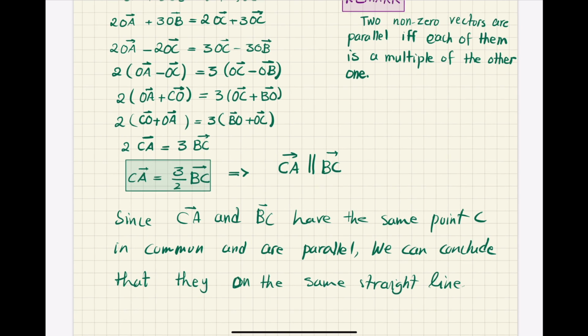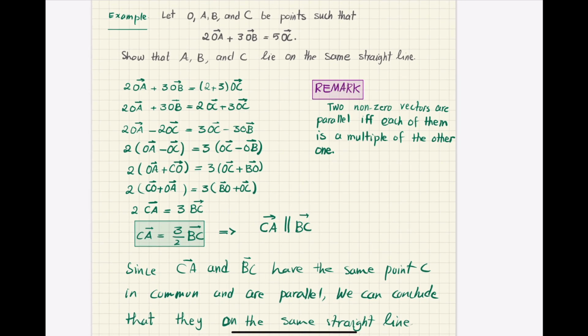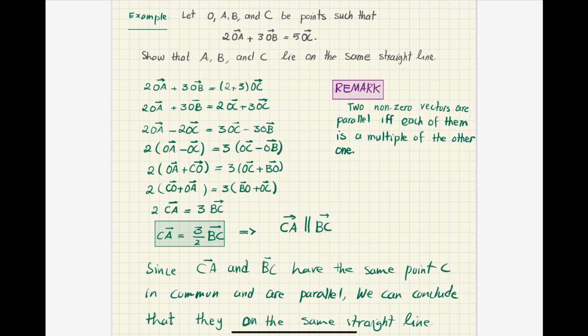Okay, any questions? Yes? Can you explain again how you know that they're parallel? So do you remember what was the definition of multiplying a vector by a number? Yes. So if you multiply a vector by a number, it generates a new vector which is parallel to the old one. Yes?